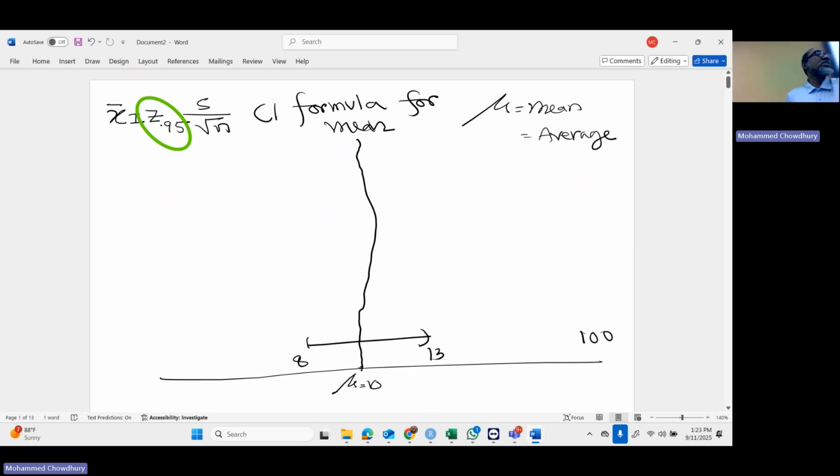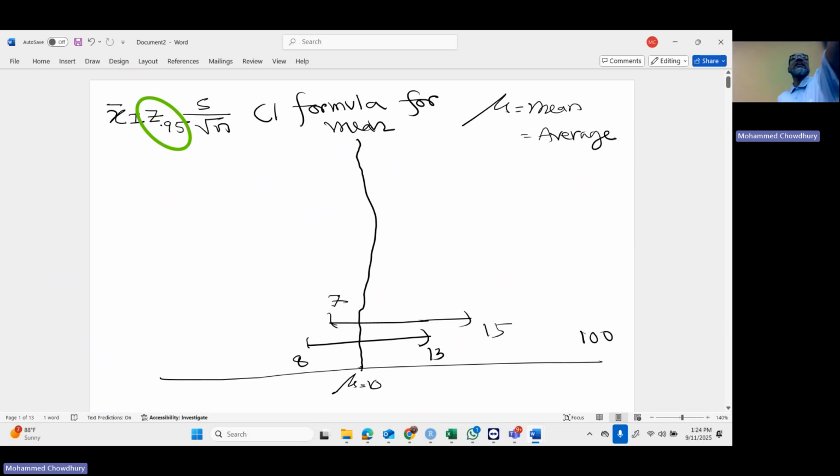Now she went to another 100 students and got X bar, S and N. She computed another confidence interval. It could be like 7, it could be maybe 15. So her confidence interval also covered the true value of mean.